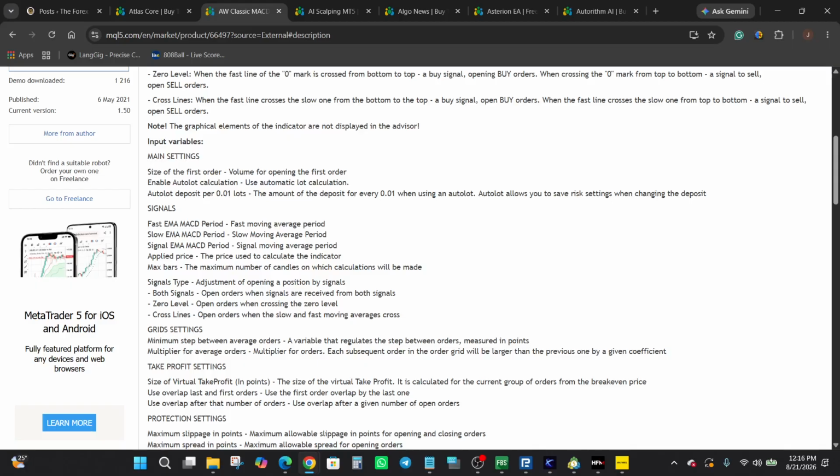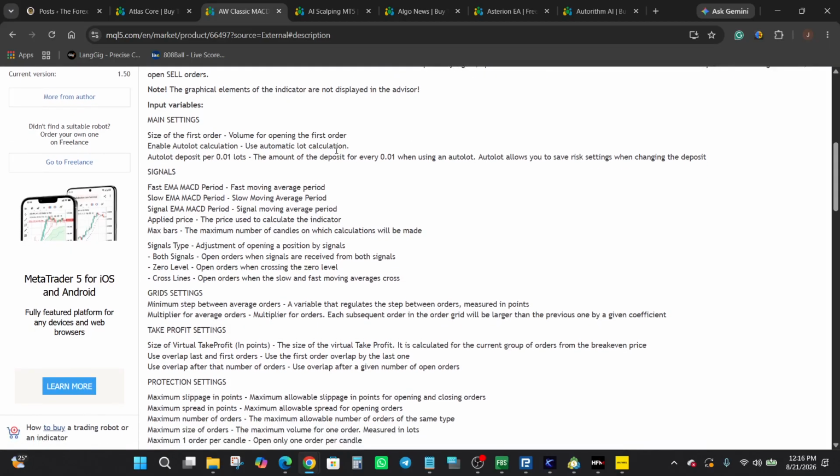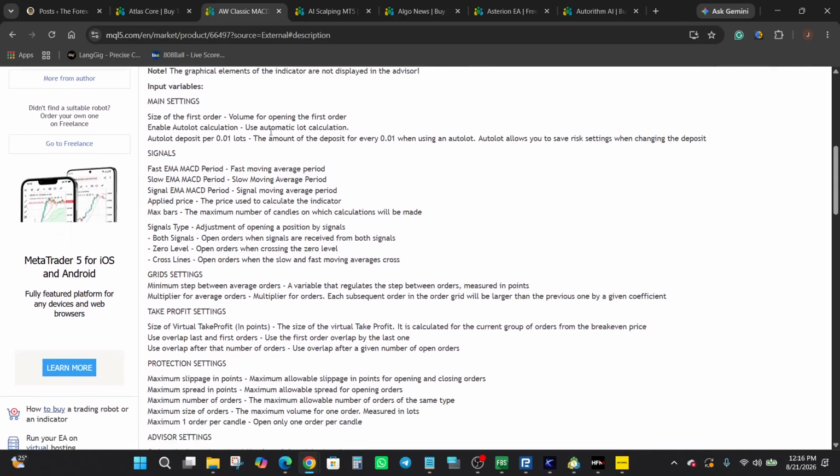Okay, so one detail worth noting is that the developer says the graphical elements of the indicator are not displayed in the EA itself. So the trading logic is based on the indicator signals, but the indicator's graphic elements are not shown inside the advisor.